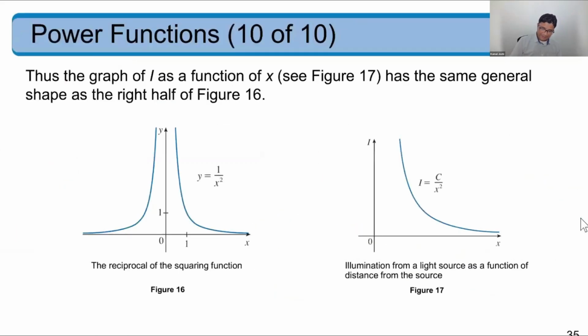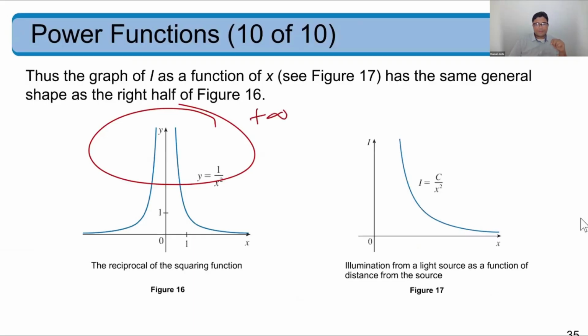Whether x is positive or negative, x squared will be positive. Hence, 1 over x squared will only go to plus infinity. So it is similar to the hyperbola on this side, but on the other side, it is the reflection, because now it is an even function, not an odd function.